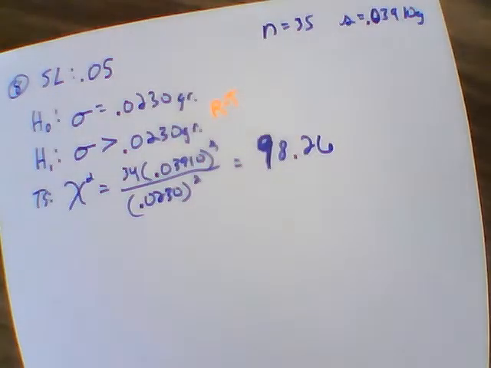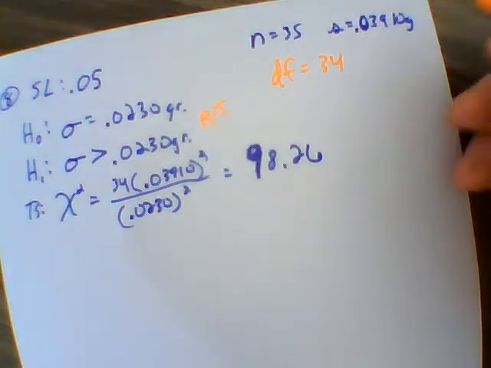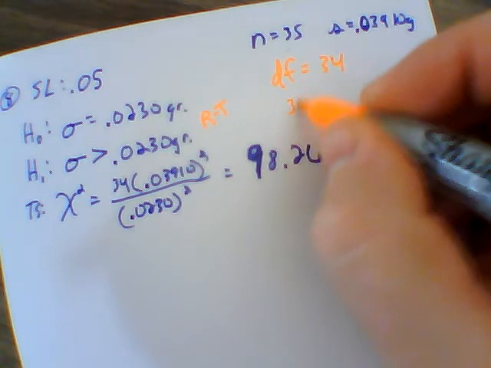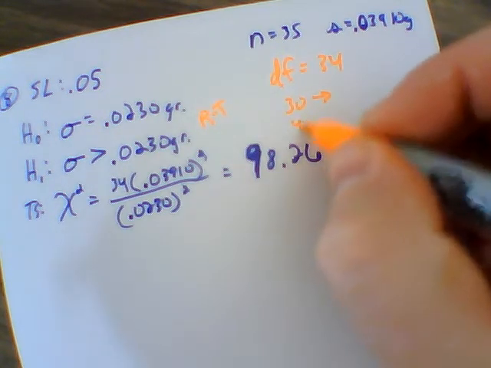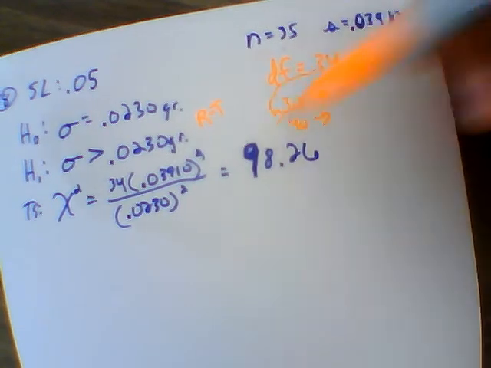We're going to follow this column down until we find our degrees of freedom, which is 34. In our table we have 30 and then 40. We don't have a precise one here.